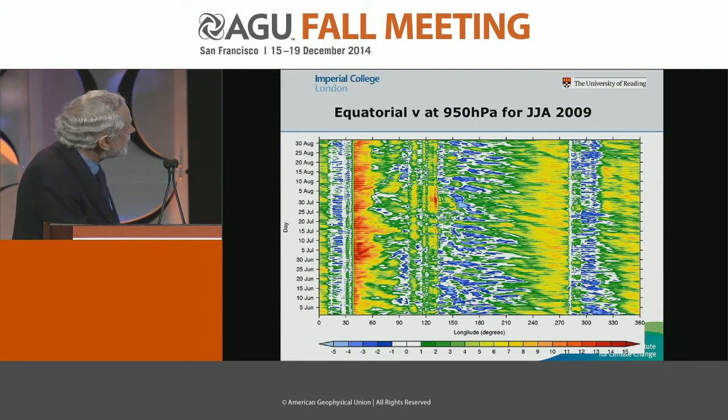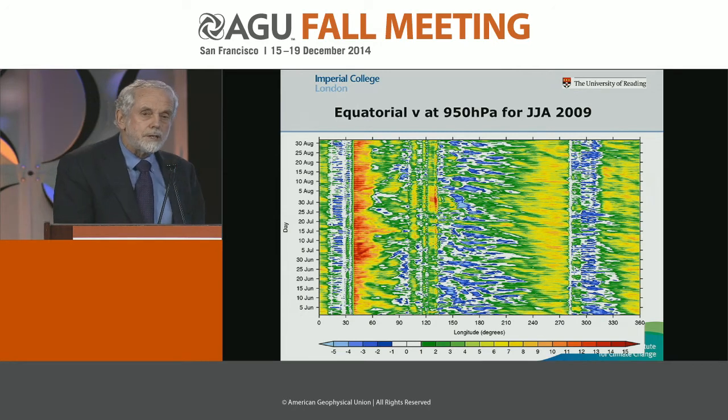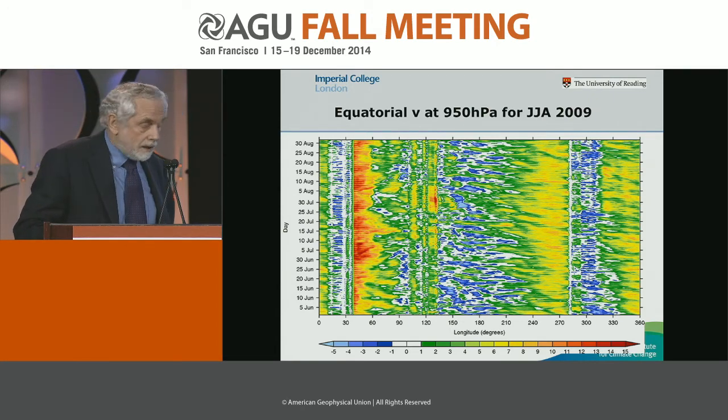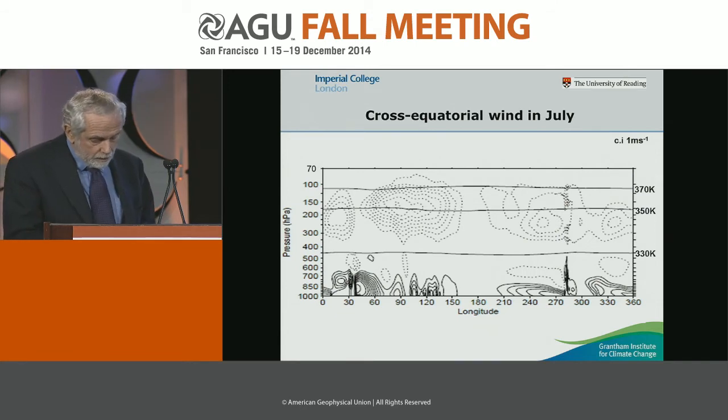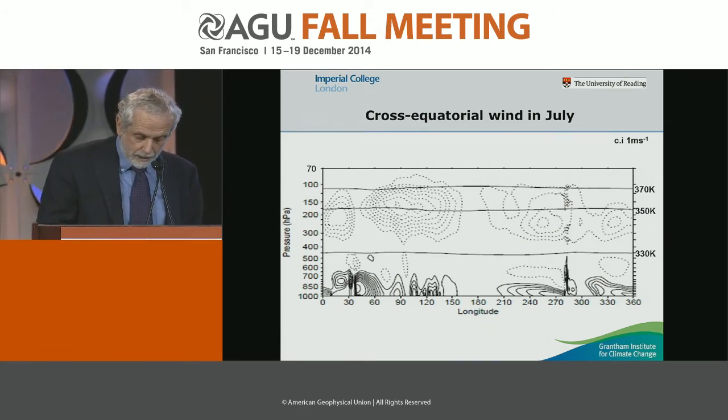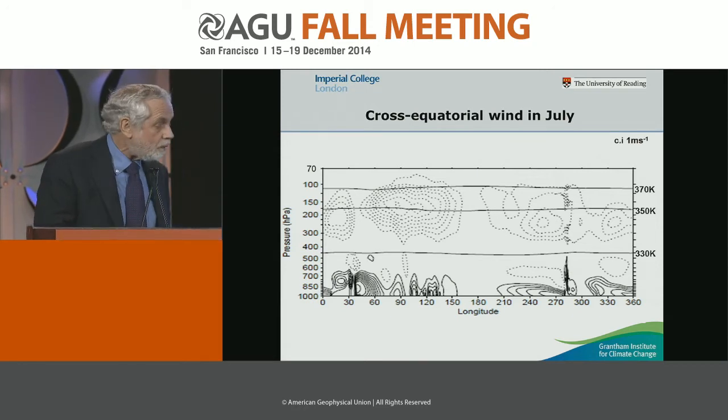So we see this as very much transient features and essentially synoptic features, associated with those waves as they pass through. So that's what's happening at low levels, and we do have all that topography to help and all those processes that can go on.